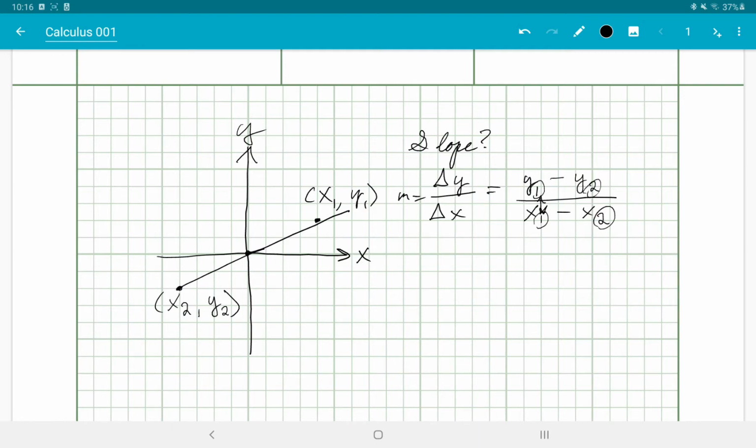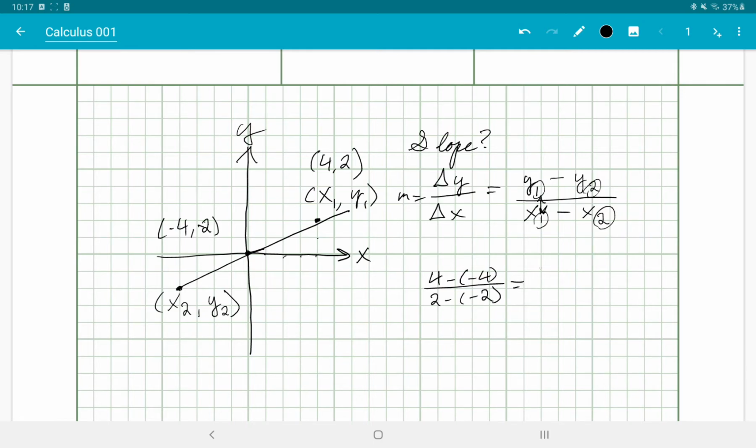So what is that value? Well, here we have a value of 1, 2, 3, 4 by 1, 2. So this is 4, 2, and this, of course, is negative 4, negative 2, right? So if we go ahead and do the math, you get 4 minus negative 4 over 2 minus negative 2.